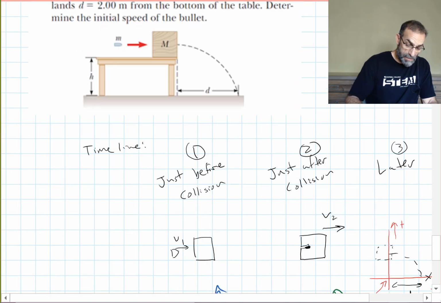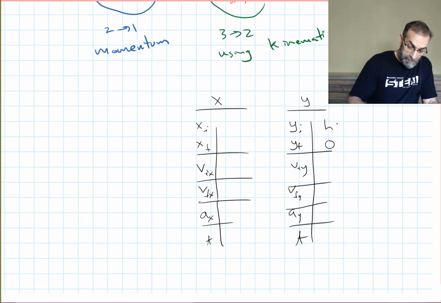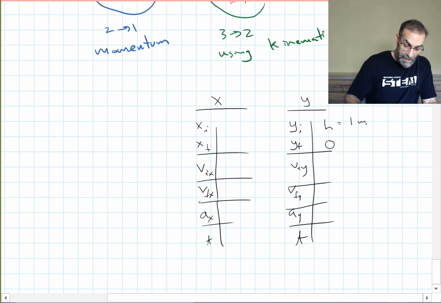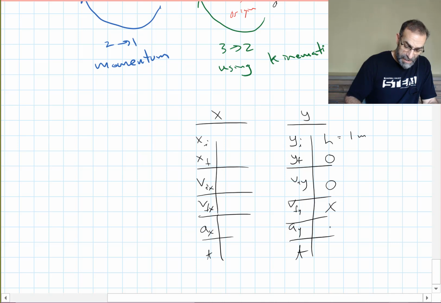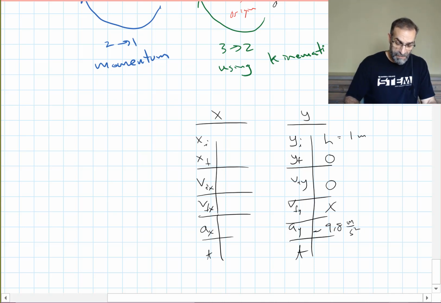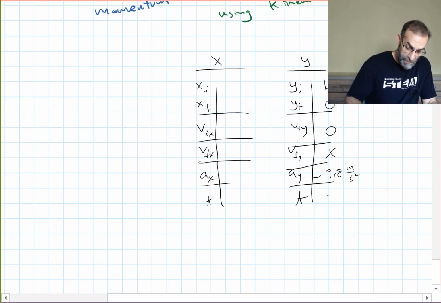Height of the table, 1 meter. And we know the initial velocity in the y direction is 0. Final velocity, we don't know and we don't care. Acceleration is 9.8 meters per second squared in the downward direction. So we said up was positive, so that's negative. So we should be able to solve for t.